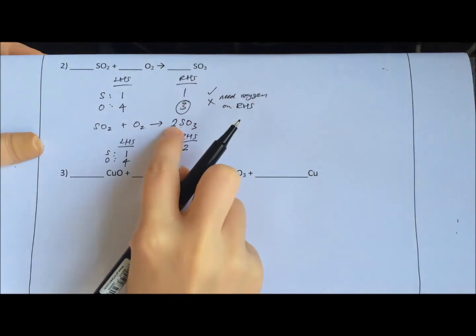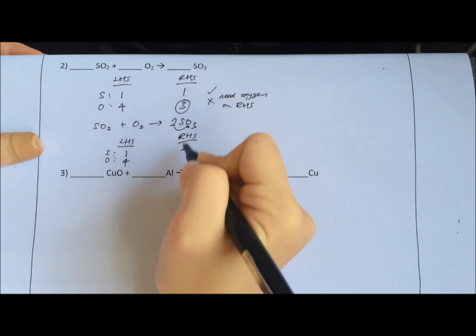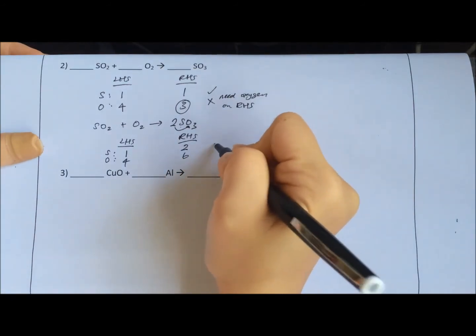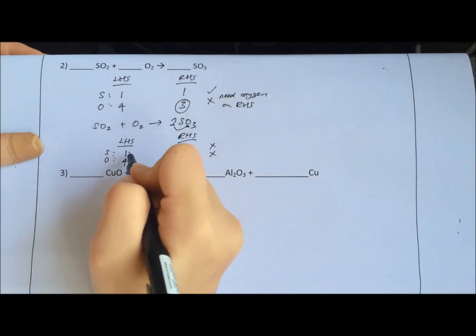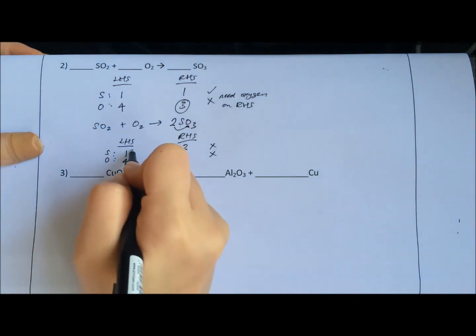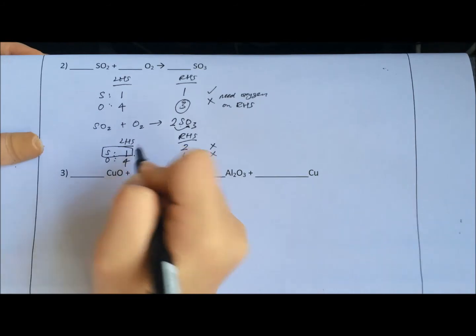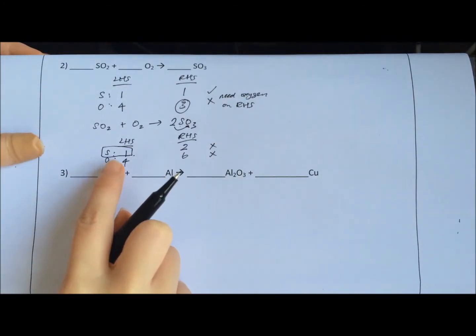Oxygen, remember 2 times 3 equals to 6, so 6. So is it balanced? Both are not balanced now. What to do? Don't worry. So you can just choose sulfur first because sulfur appears only one time. So sulfur, we need more sulfur on the left.